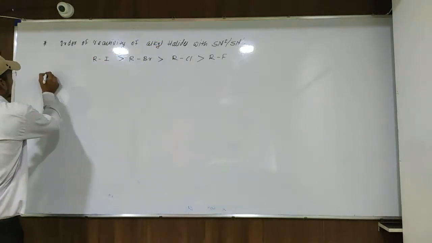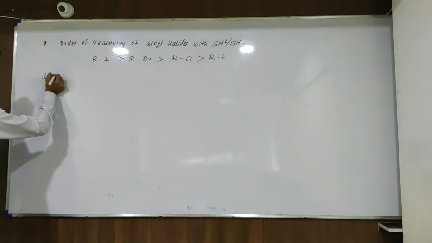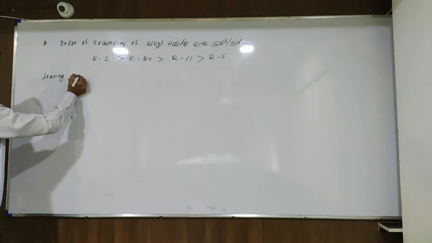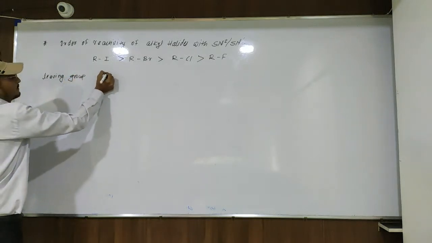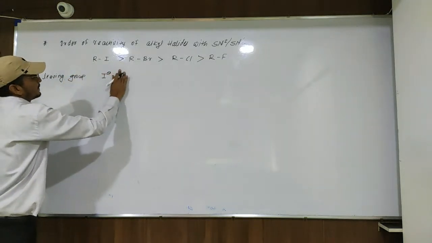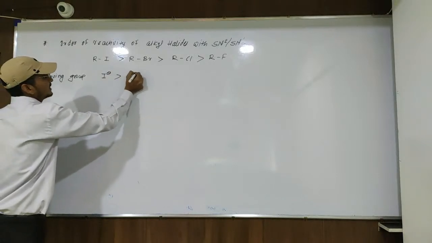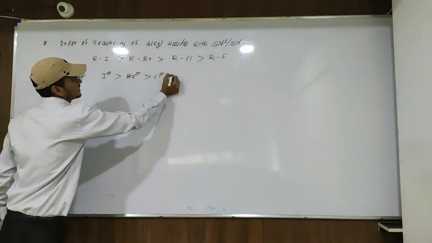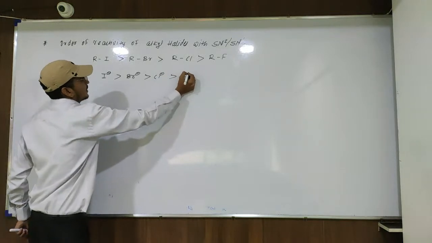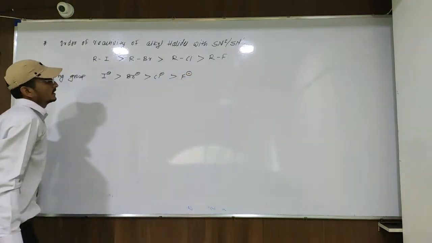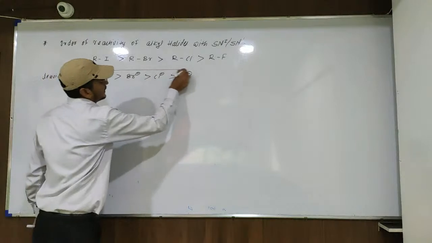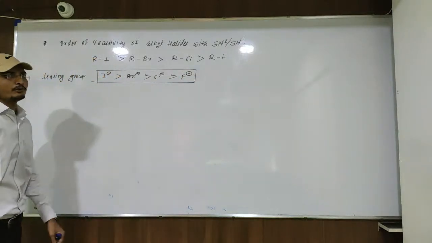So you know that halogens are good leaving groups, but the order of the good leaving group is like this. The order of the leaving group is that I minus leaves faster compared to Br minus, compared to Cl minus, compared to F minus. So which group leaves first here?